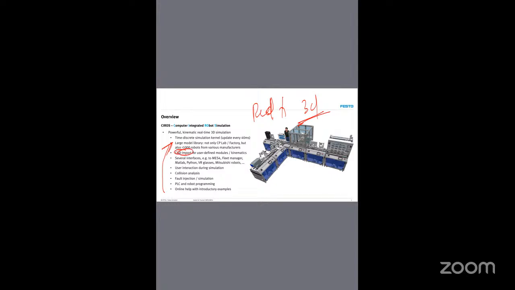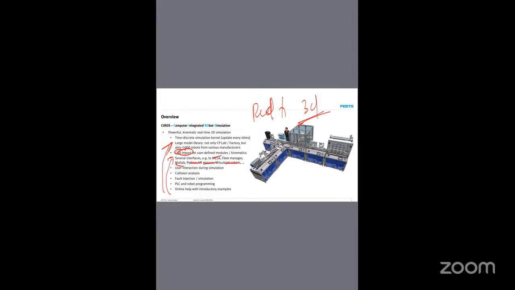That means from Fusion 360, SolidWorks, Inventor, we can import STEP files. Then another one is several interfaces. That means we can connect this software with MES, Fleet Manager, MATLAB, Python, VR glasses, Mitsubishi robots, etc.